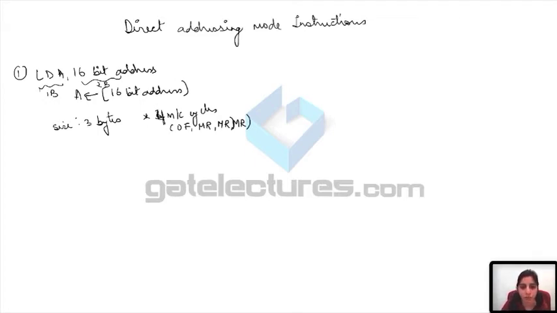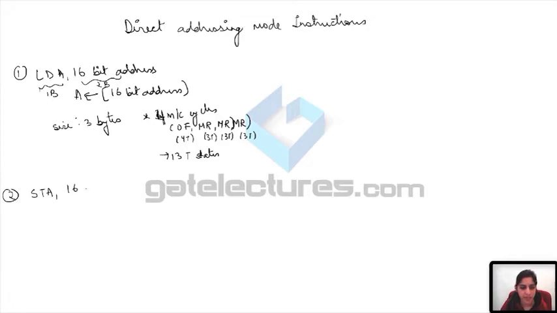So this is going to have 4 machine cycles. This is going to be 4 T states, 3, 3, 3. So this is going to have 13 T states. 4 machine cycles, 1 opcode fetch and 3 memory read cycles. So this is going to load the accumulator with the data located at the 16-bit memory location given in the instruction.